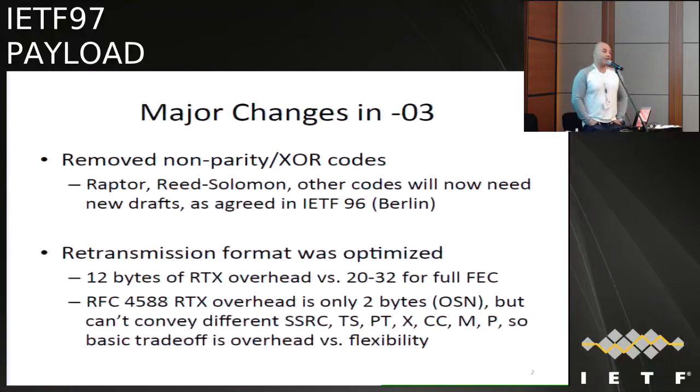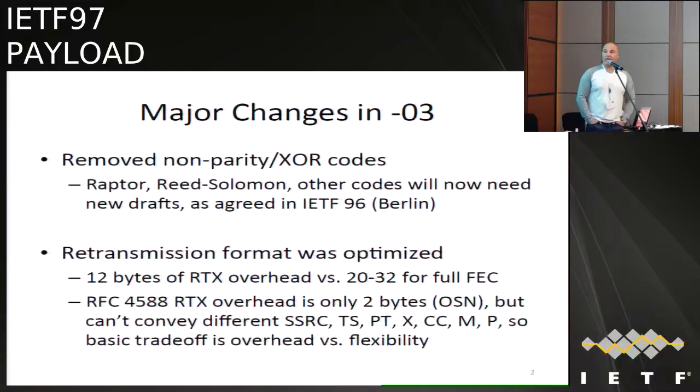The point of flexible FEC is to have flexibility to do multiple things. You could cover multiple RTP streams. You can have different header extensions on the FlexFEC packets versus the original packets. And you can have SSRCs that are different between the repair stream and the original stream.